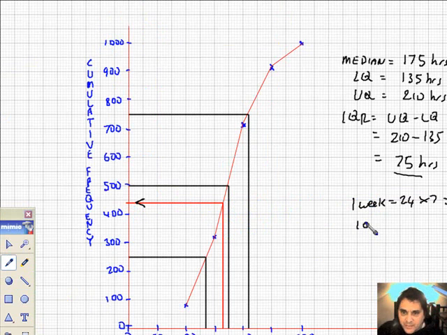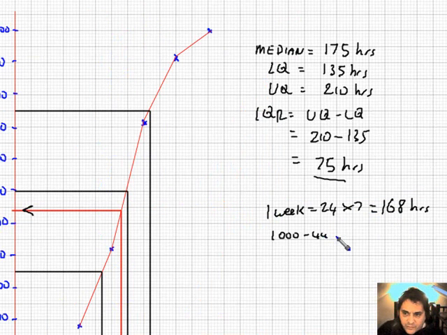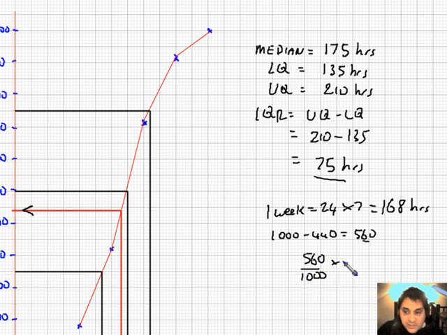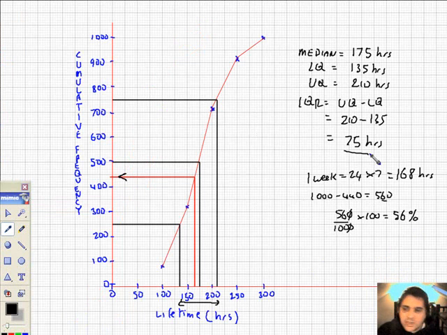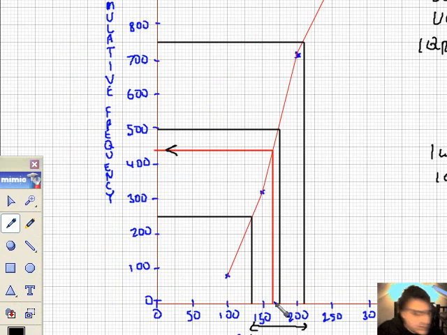So let's do a quick sum: 1,000 of them, take away 440, gives us 560. Change that into a percentage: 560 out of the original 1,000 times 100 looks like 56%. So 56% of the bulbs lasted longer than 168 hours, because we're looking at all these bulbs up here that have exceeded the 168 just there.